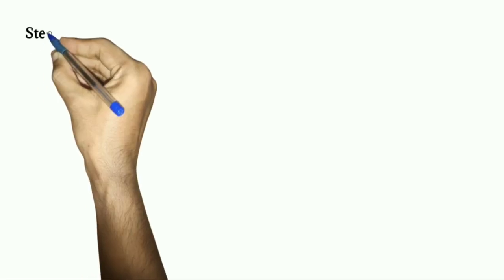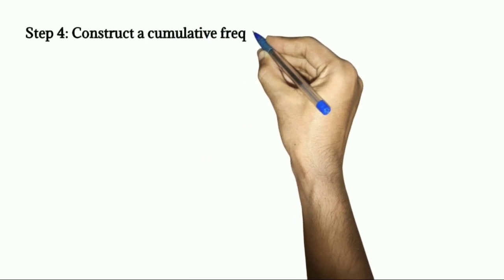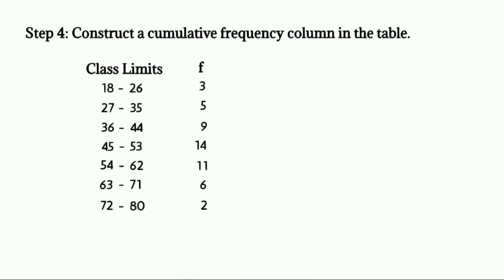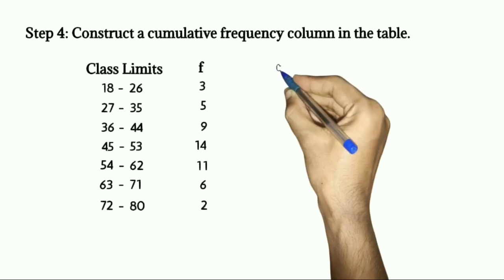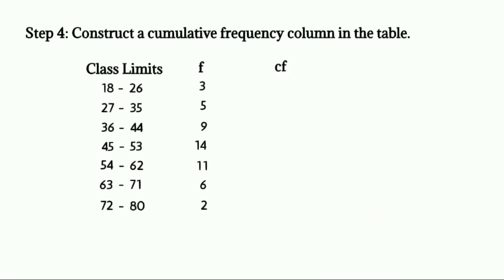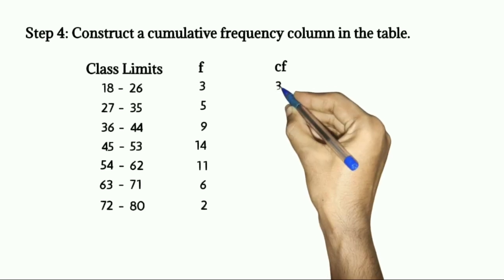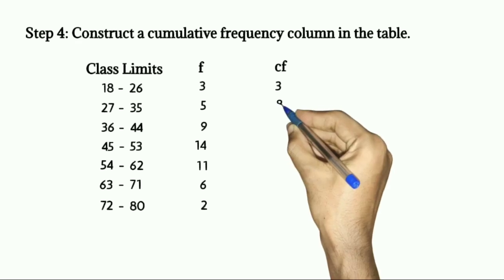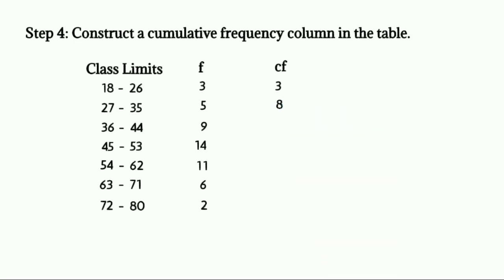The next step is to construct a cumulative frequency column in the table. For the first row, the cumulative frequency is 3. For the second row, the cumulative frequency is 8. That is 3 plus 5.